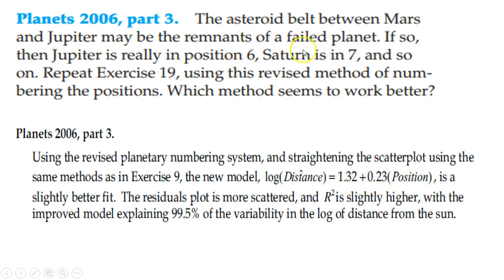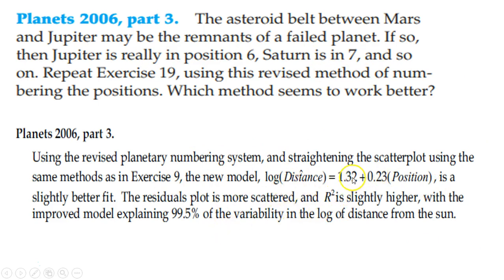So just remove Pluto from it, but then change Jupiter's number. So now Jupiter would be 6, and then Saturn 7, and then Uranus 8, and Neptune 9. Move them out of position and then redo everything is all that we're saying.